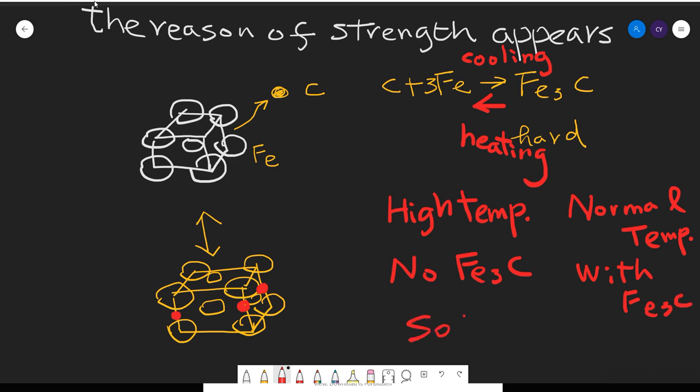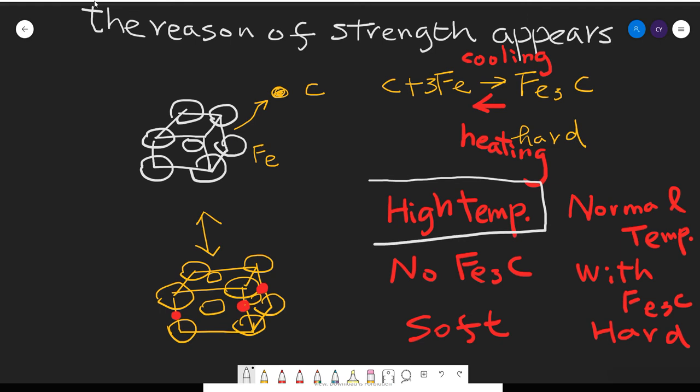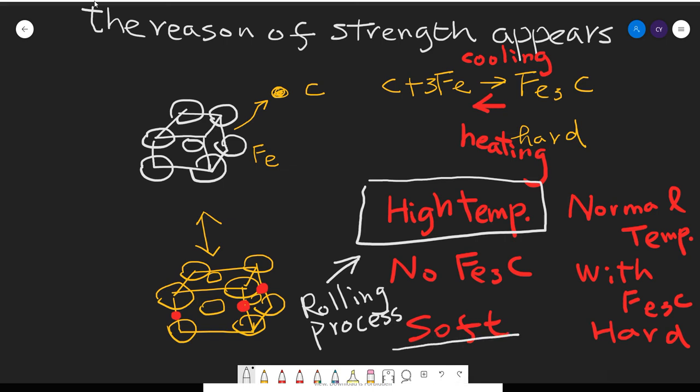So it is soft here, and hard here. So we need to do the rolling process, because in high temperature it is very, very soft, so we can do the rolling process. Okay, this is the reason.